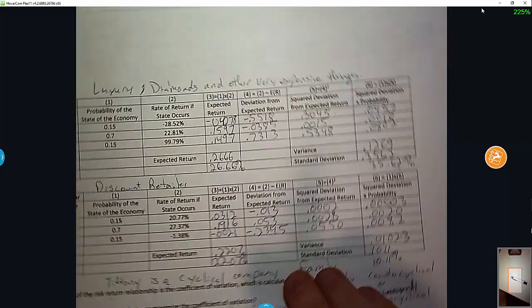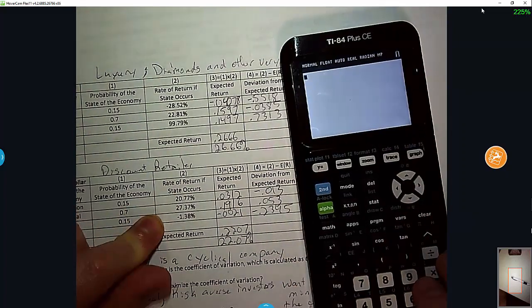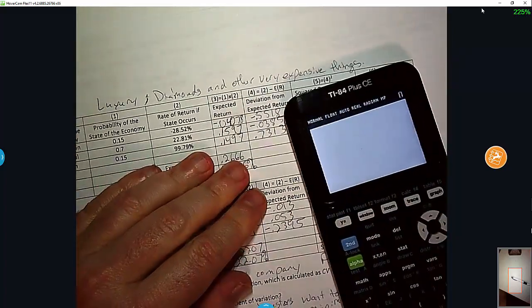So remember, I'm putting 70% into Family Dollar and 30% into Tiffany. I'm going to calculate the expected return for our new portfolio for each state of the economy.